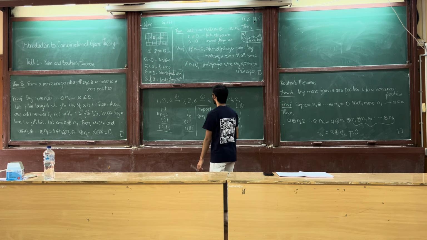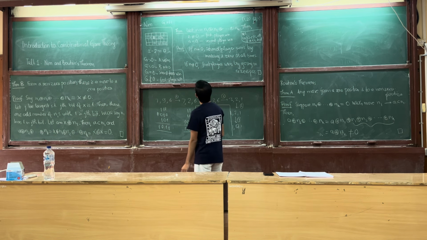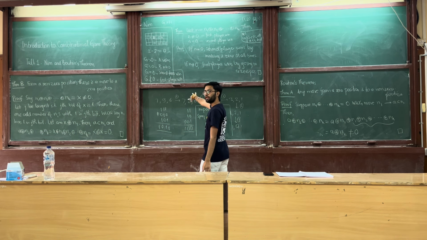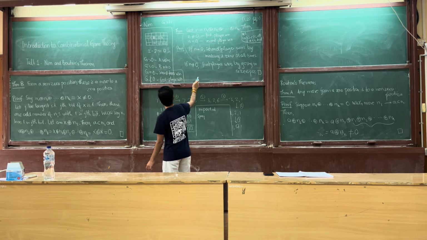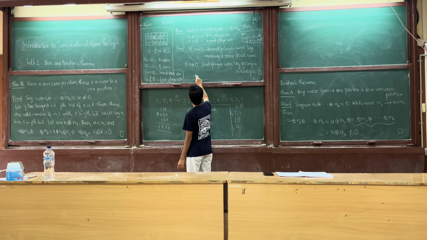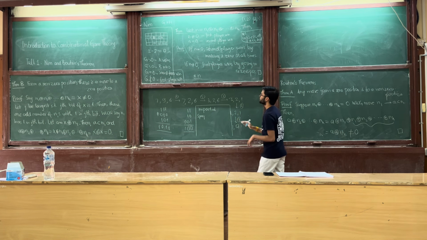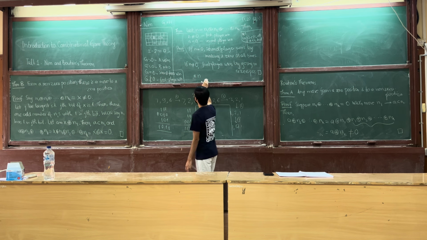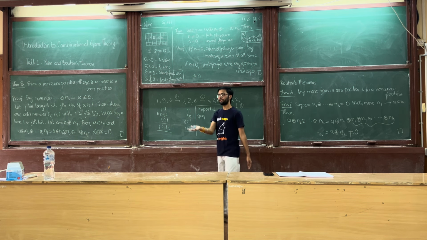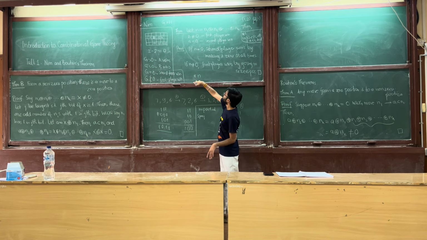One more thing. To a Nim position with Nim value n, let me call its value star n instead of just n. And that is for a reason, because when we define addition later on, this doesn't behave like integers.